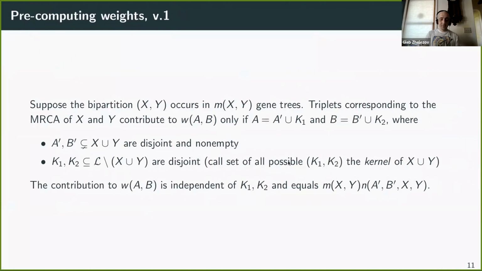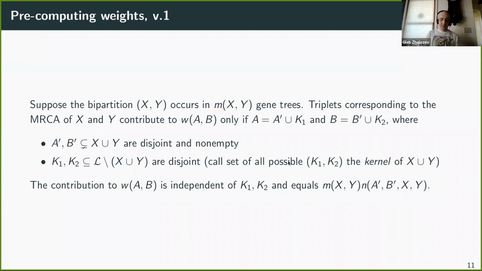So here's the first version of this algorithm. Suppose that you have this bipartition XY, which occurs in some number of the gene trees, like I was saying, and let's call that M, like a count.